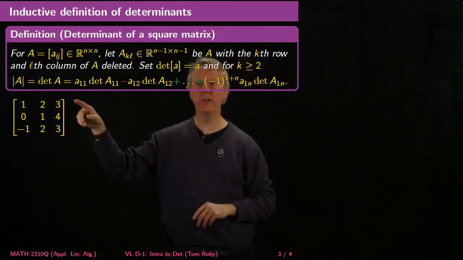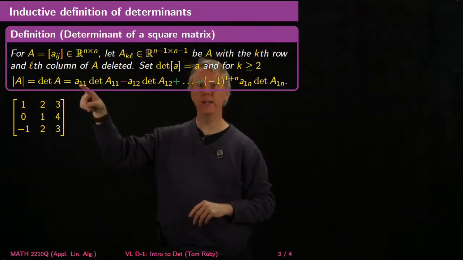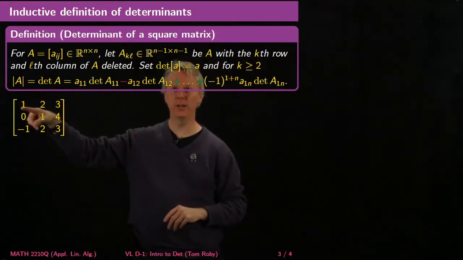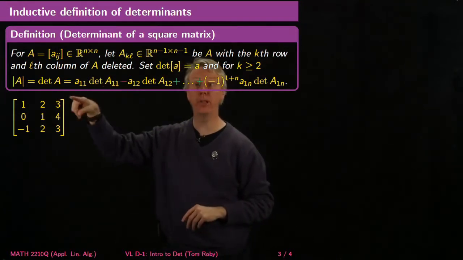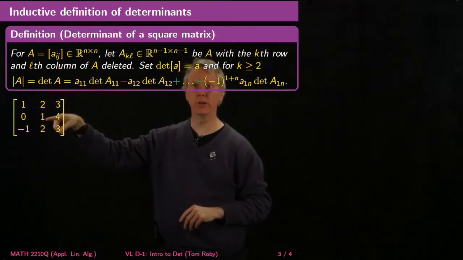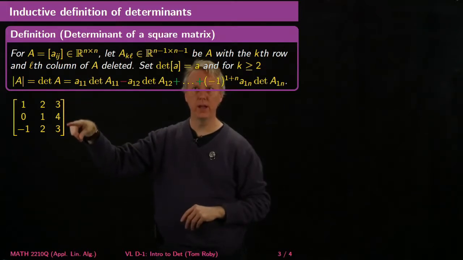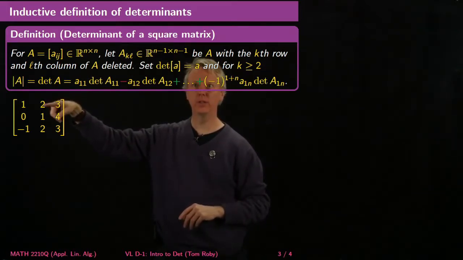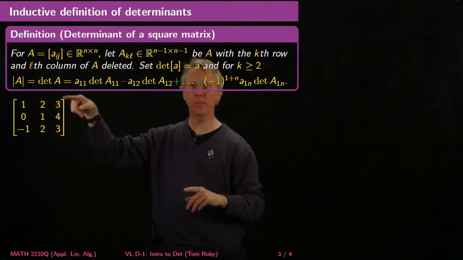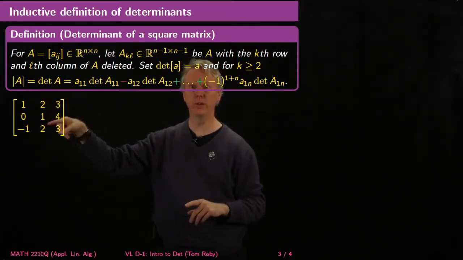And the way you define that number is you take a11, so that's this entry, and you multiply it by the determinant of capital A11. So that's the determinant of 1, 4, 2, 3. And then you subtract this entry times the determinant of what you get when you delete the top row and this column, so 0, 4, negative 1, 3.